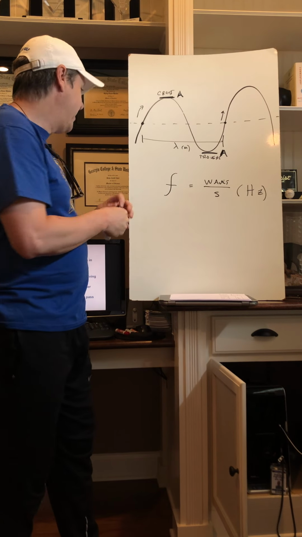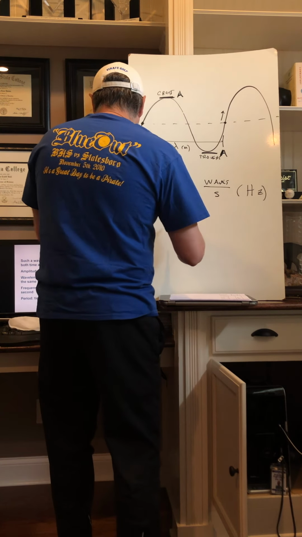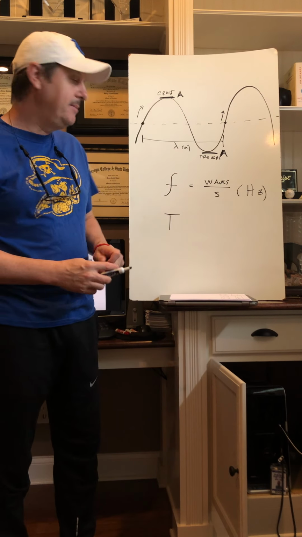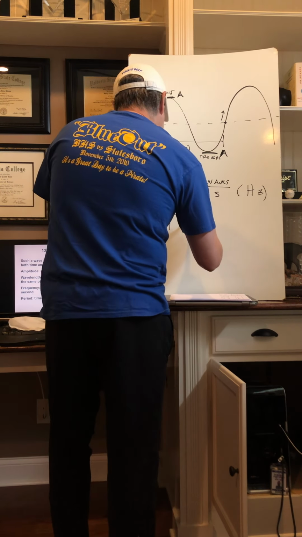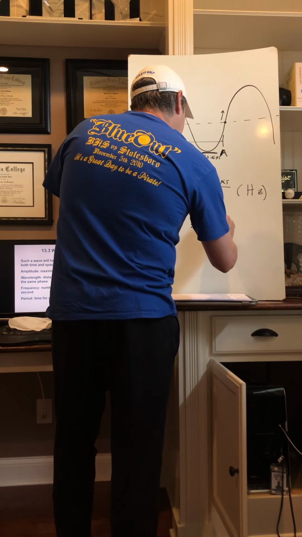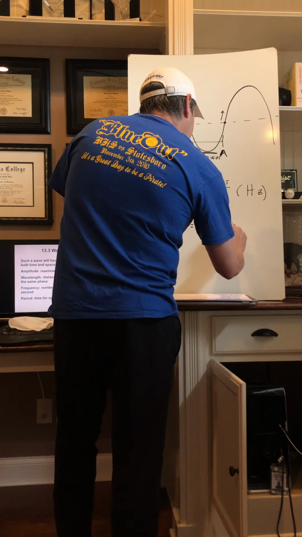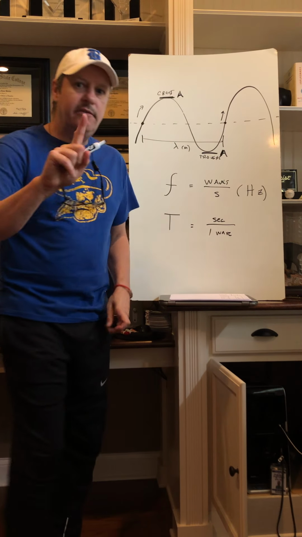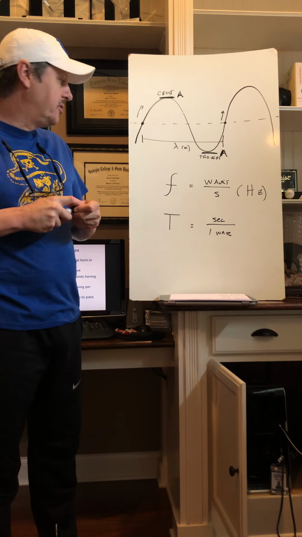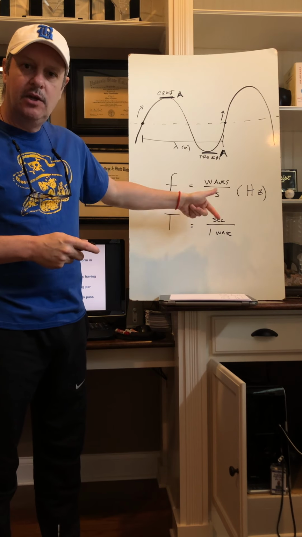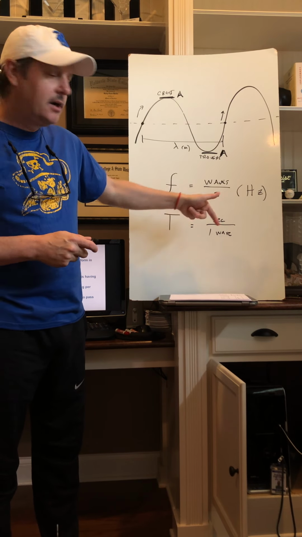Period, often referred to as capital T. Don't ask me why. Period is the number of seconds it takes for one wave to pass. So basically, frequency and period are the reciprocal of each other.